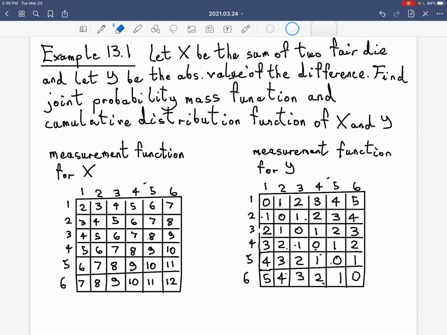So the outcomes are all the possible states of a pair of dice. So we have the labels for the different states of the system. So these are not the labels that we use in our grid for the probability mass function.